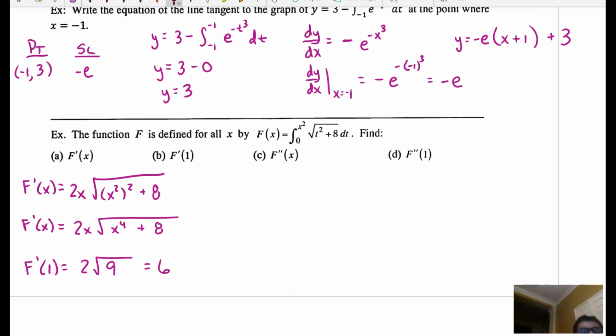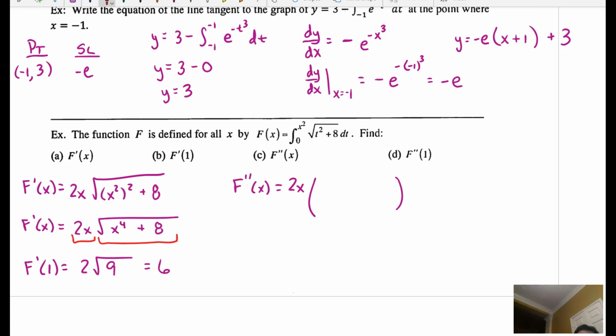Part C is the derivative of f prime, the second derivative. So then, to do the second derivative here, we're going to need to do product rule. The first function times the derivative of the second function, 2x being the first function, that square root of x to the fourth plus 8 being the second function.